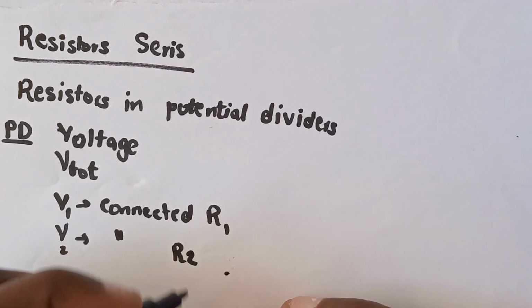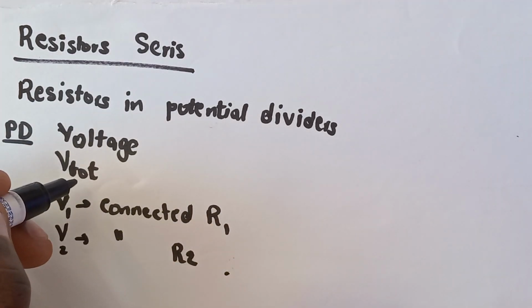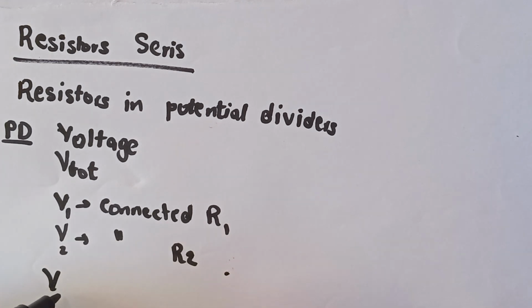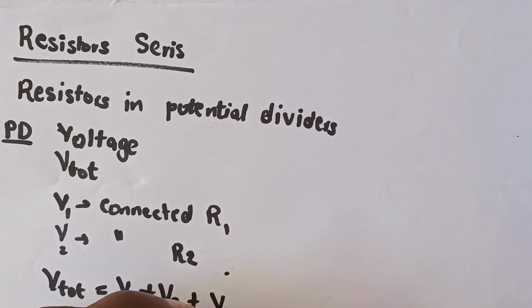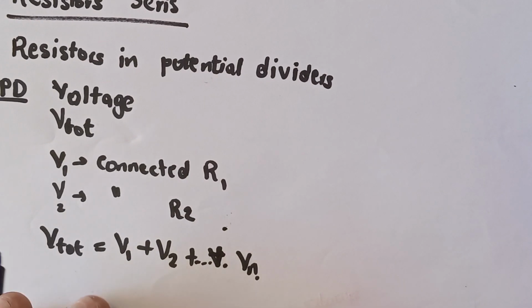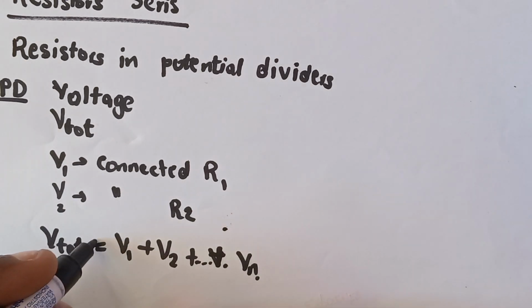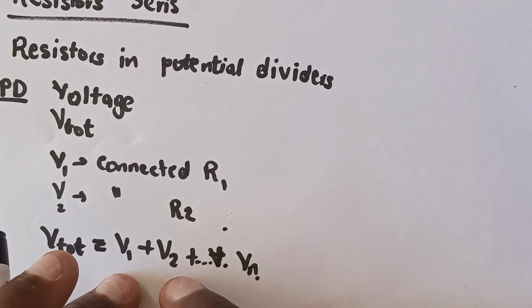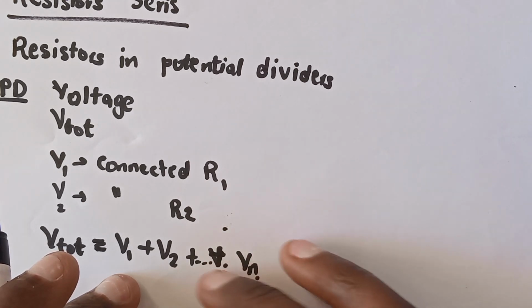To get the total voltage, you sum up: V total is equal to V1 plus V2 plus V3 plus dot dot dot plus Vn. The potential difference across the circuit, V total for the cell, is made up of V1 plus V2 plus V3 plus dot dot dot plus Vn.